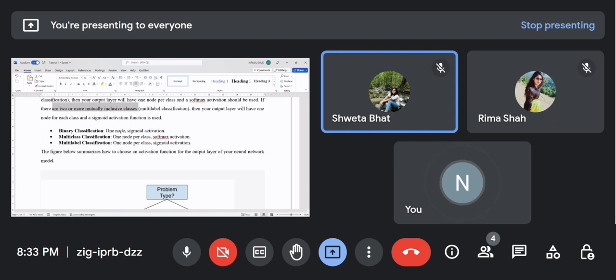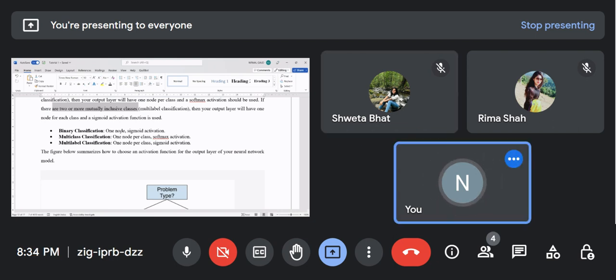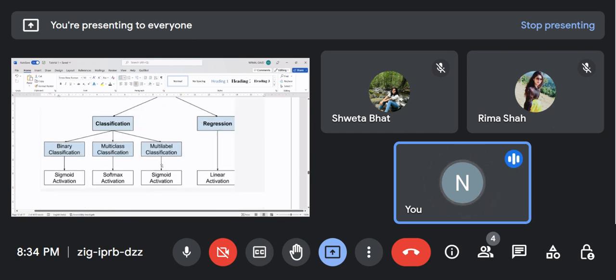In case there is some interdependency, for that purpose I have to use multi-label classification, and that means one node per class. Again, one node I need to take for each, but the function I'm going to use is the sigmoid activation function at the output layer. This is what I need to take.